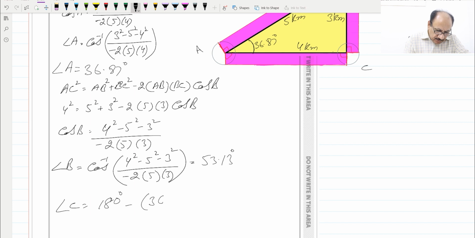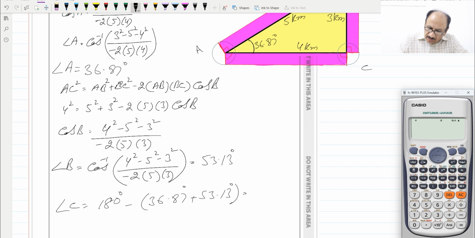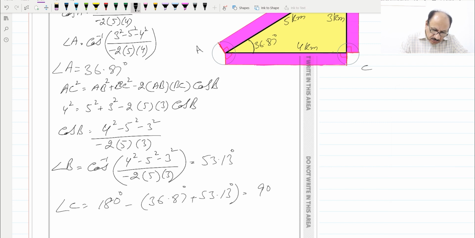So we add 36.87 plus 53.13, and we write 180 minus (36.87 plus 53.13), and this results in 90 degrees. I will indicate here this 90 degree mark in the triangle. So this is also done.